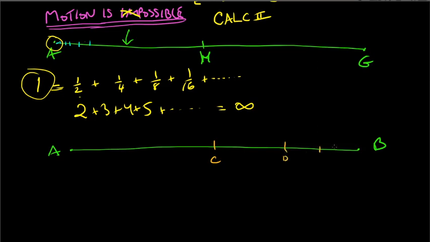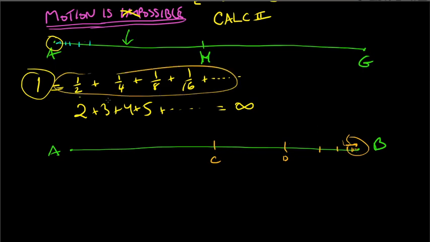And so you can get as close as you want, getting closer and closer to B. Now, assuming that each step takes a finite amount of time, and let's say it's an amount of time that doesn't decrease, then you'll never get there, right? Because there's always going to be another point halfway in between. But obviously, you can get there just by adding up these numbers rather than these numbers, right?